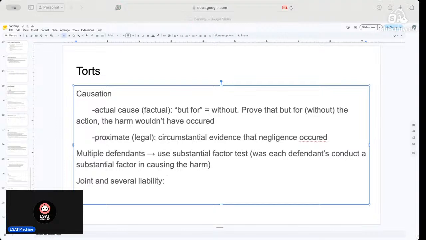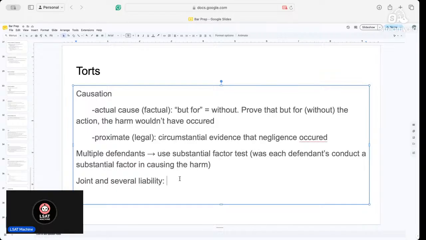Okay, let's see. Well, it has to be single and indivisible. Okay, yes. The plaintiff has the choice of collecting the entire, oh, that's almost exactly what I said, the entire judgment from one defendant or portions from various defendants. All right, and I was very wrong.